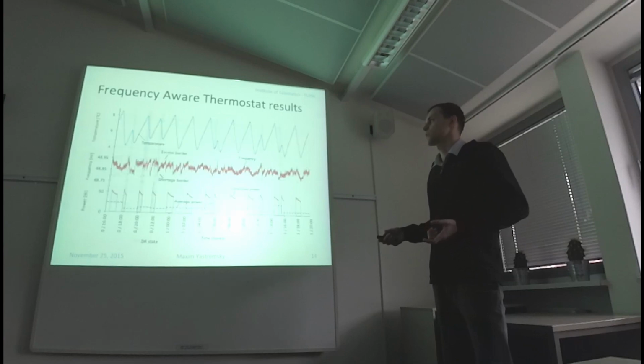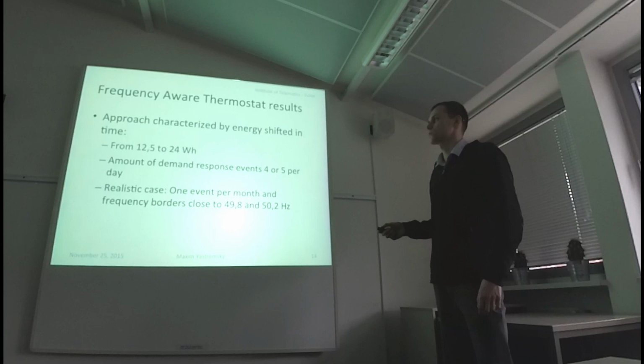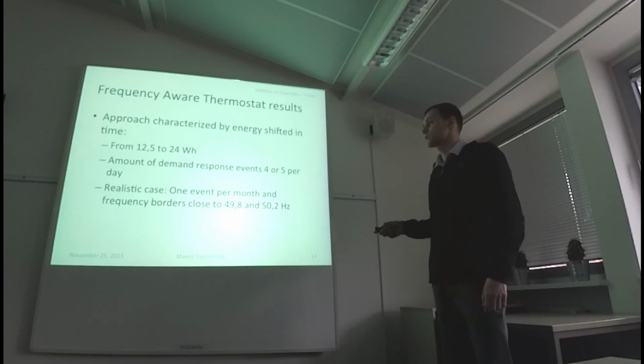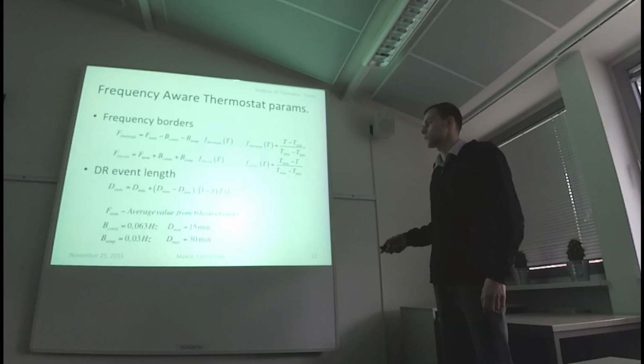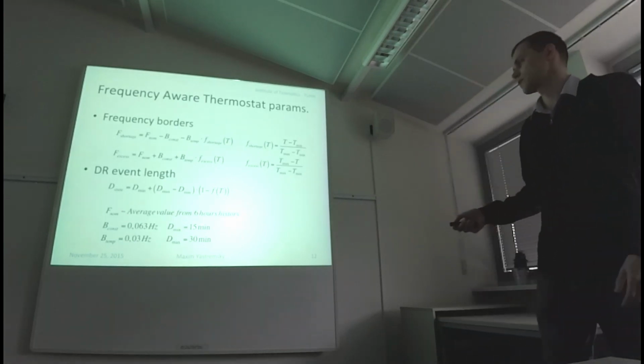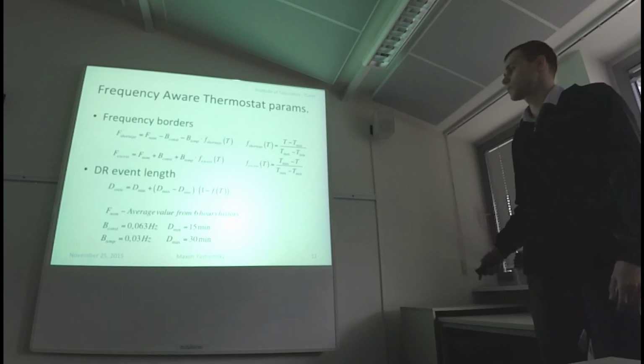Yeah, like the maximum, why we have these values actually, 12.5 and 24 watt hours. That's actually the length of the power consumption which can be consumed during this length, 15 and 30 minutes. 15 minutes was chosen as the maximum time, which is basically related to the power reserve technique, and this was taken as just double that.